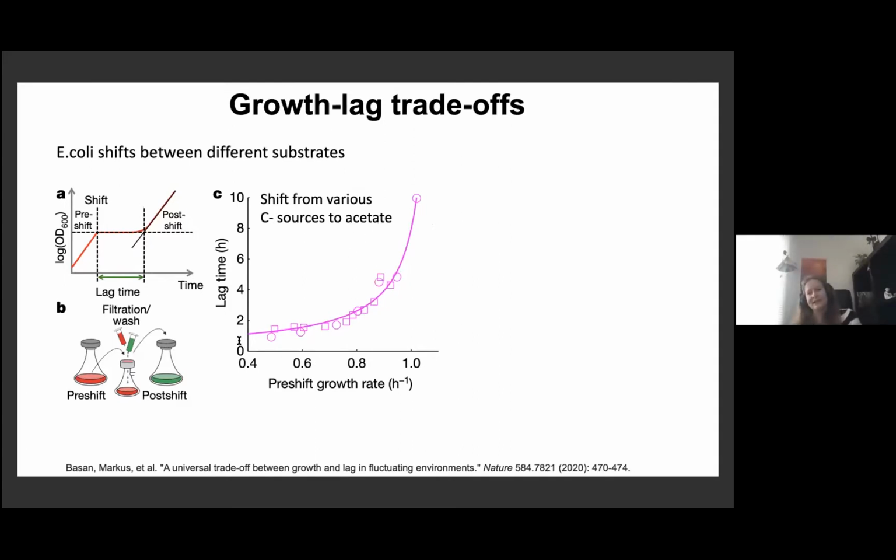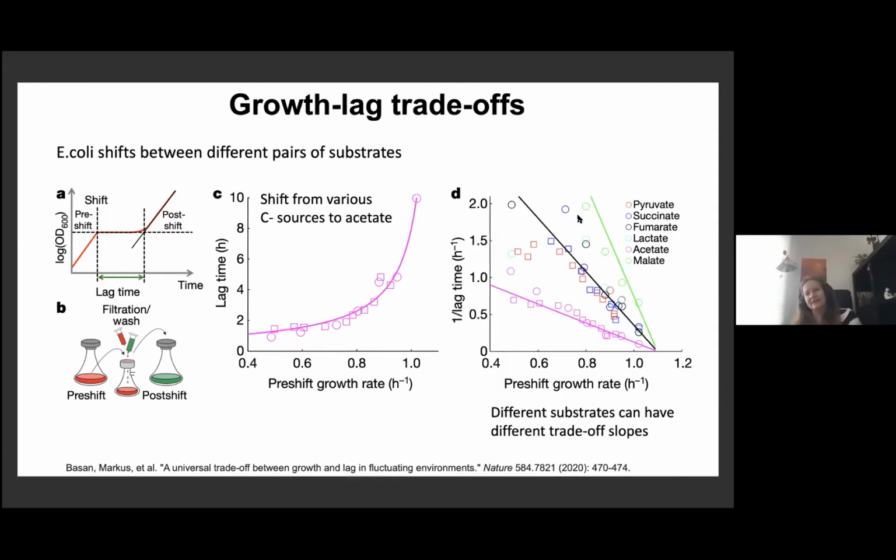When you switch to acetate, they will all be pretty much on the same line. And it's always negative. On different resources, the slope of this trade-off can be a little bit different. It might depend on those enzyme budget costs and so on, but nevertheless, it stays there. So when we parameterize these diauxic models, we have to take note of that, because you can't really generate those two parameters independently.